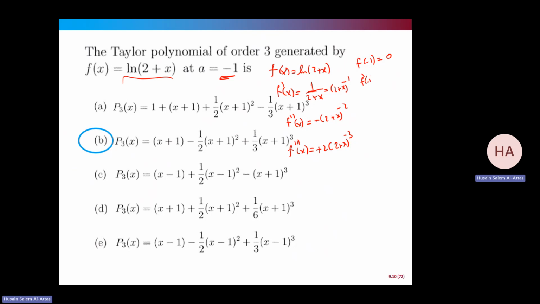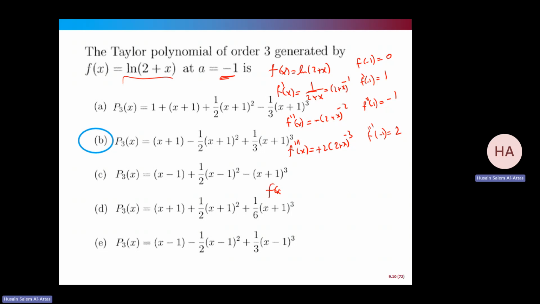F prime at minus 1 will be 1. F double prime at minus 1 will be minus 1, since 2 minus 1 is 1. The third derivative at minus 1, I have 2. So what will be the function now?